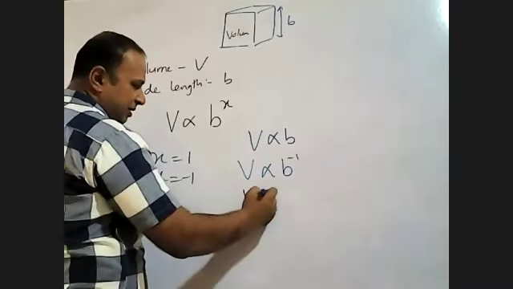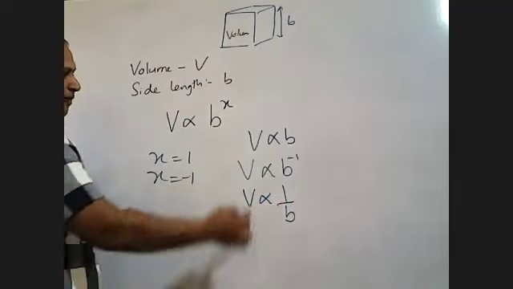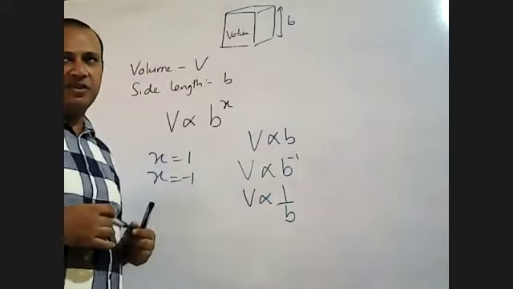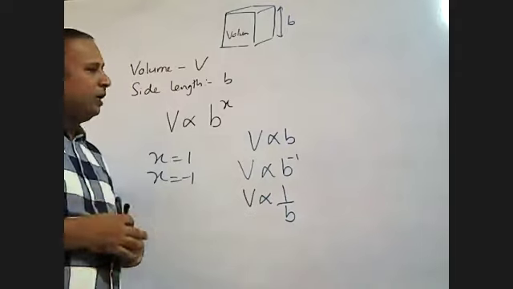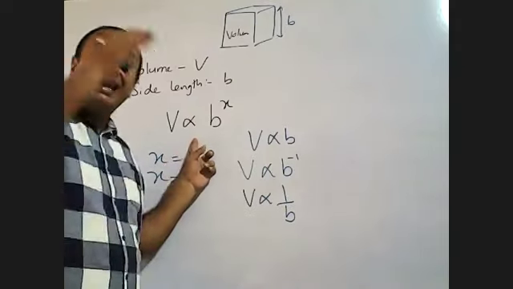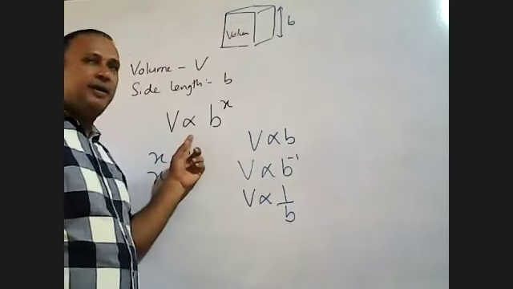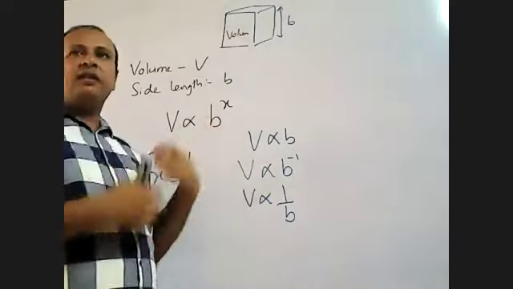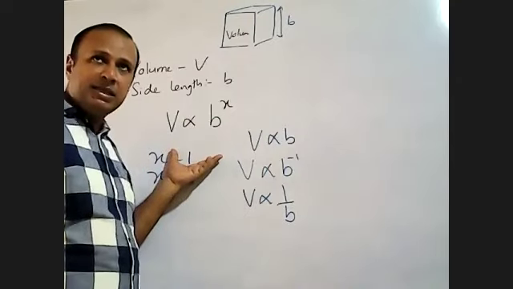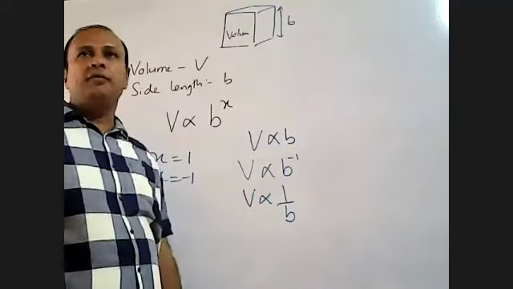That means V is directly proportional to 1 over B, therefore V is inversely proportional to B. So in this assumption, anything can happen. It can be directly proportional or inversely proportional, anything can happen. So this is an assumption.